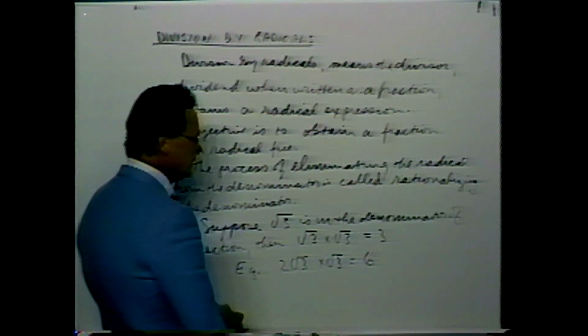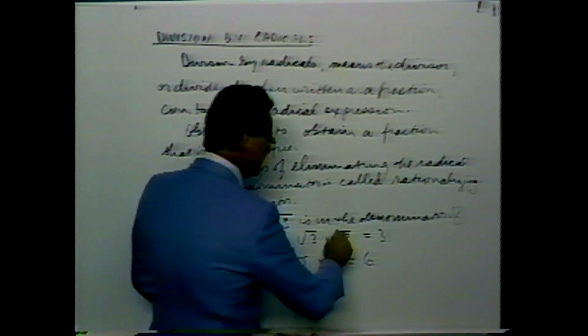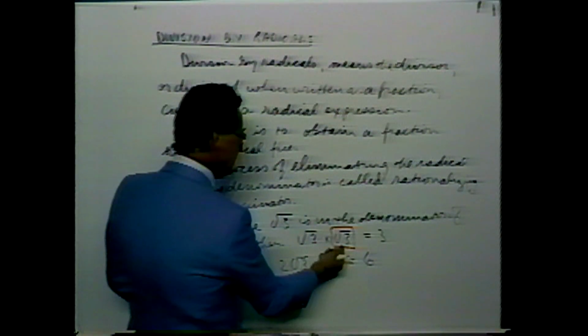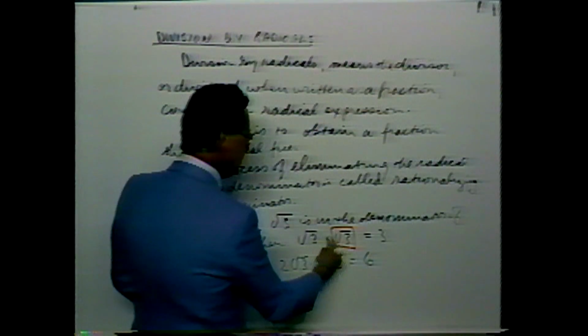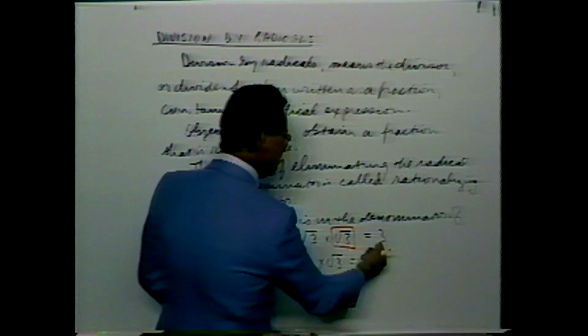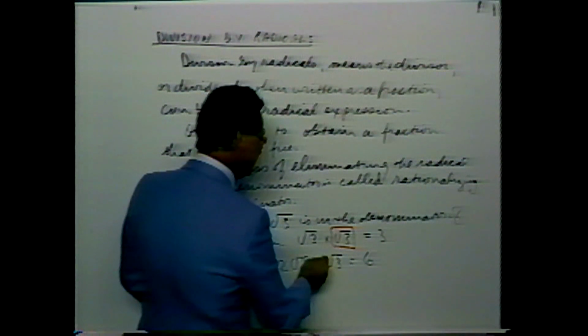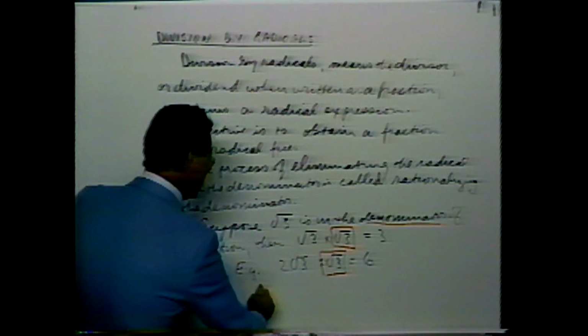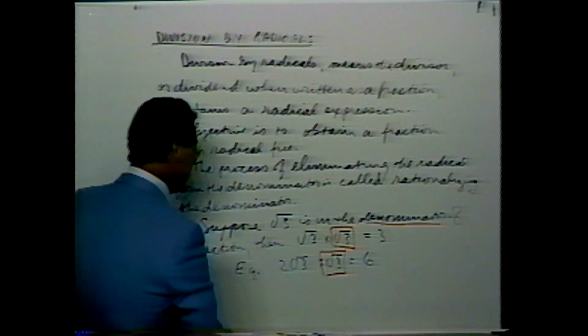The square root of 3, which I've used in order to convert a radical expression into a radical-free expression, is referred to as a monomial conjugate radical.